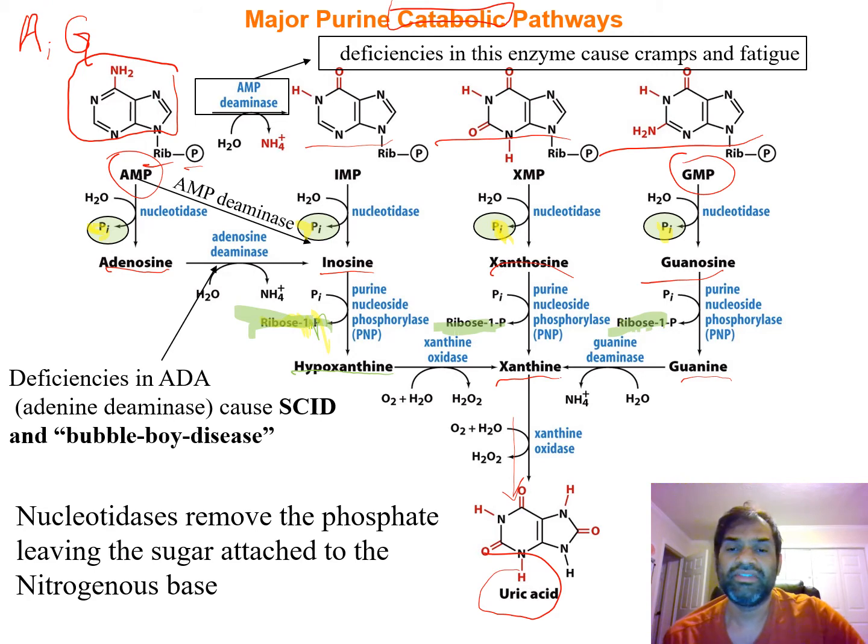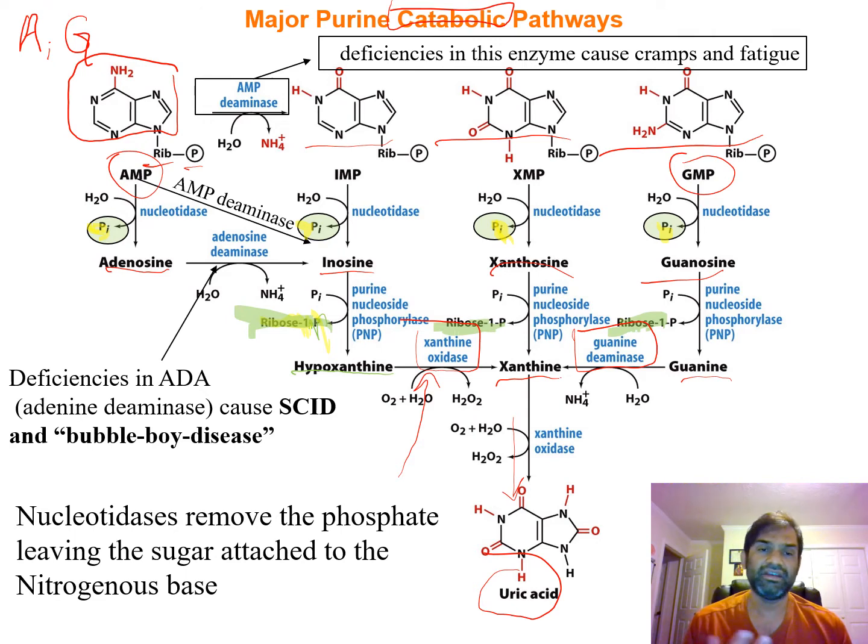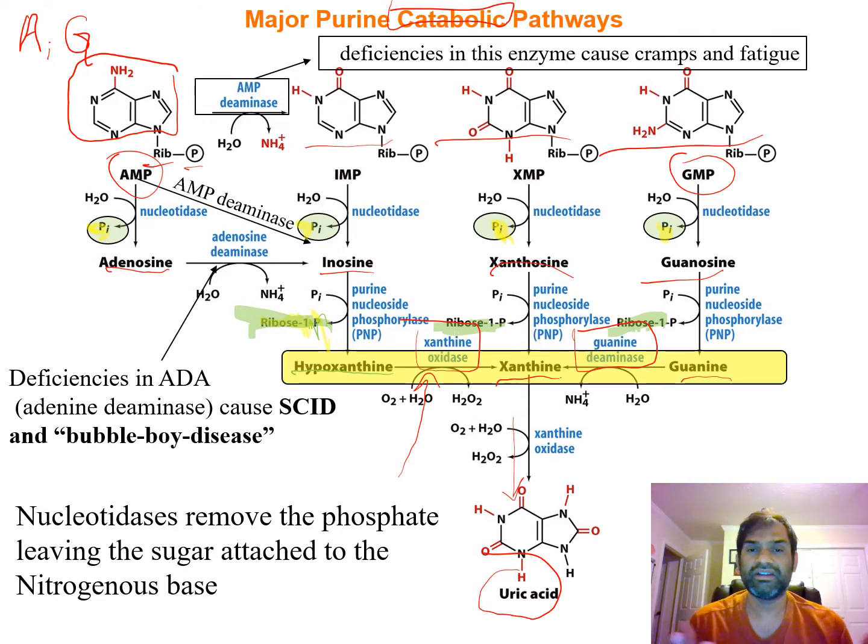Both of these reactions are catalyzed by xanthine oxidase and guanine deaminase, respectively. There are a lot of drugs that target xanthine oxidase, particularly because xanthine is the immediate precursor to uric acid and gout. But ultimately, this is a way to get rid of extraneous or excess amounts of purines. And remember, our purines here are adenine and guanine.